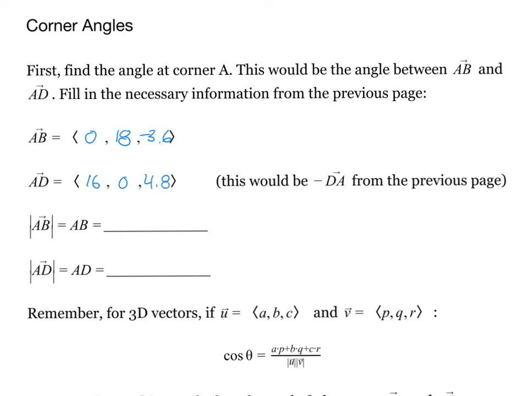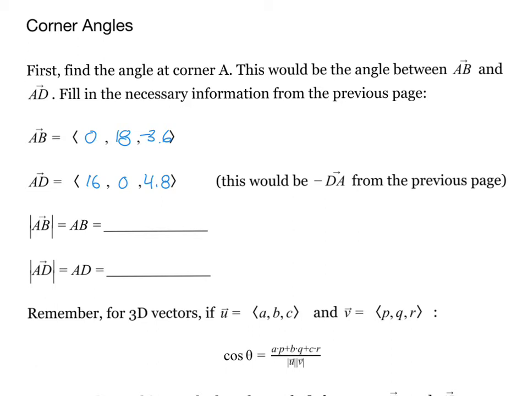Now on the previous page we were looking at DA as the actual vector, and in this case we're going to write it as AD because we want these two vectors to start from the same point. So what I've done is taken vector DA and made the components negative so that I have vector AD.